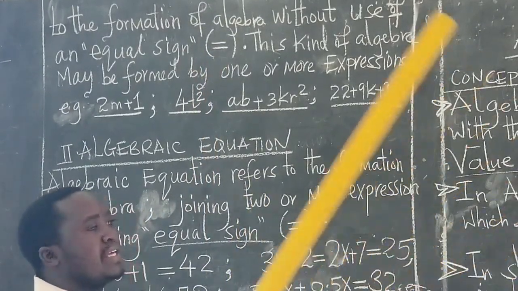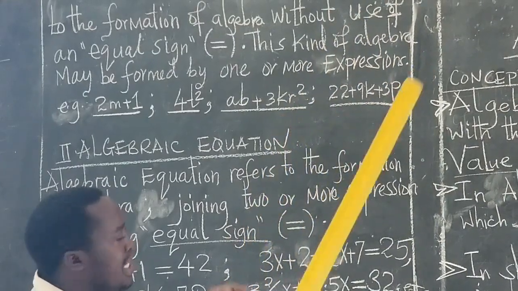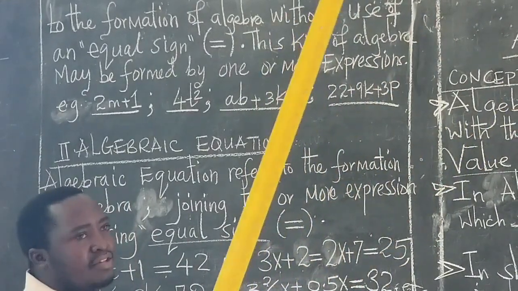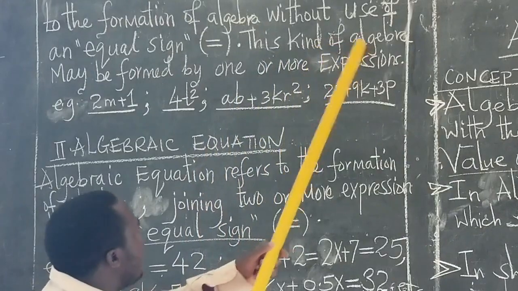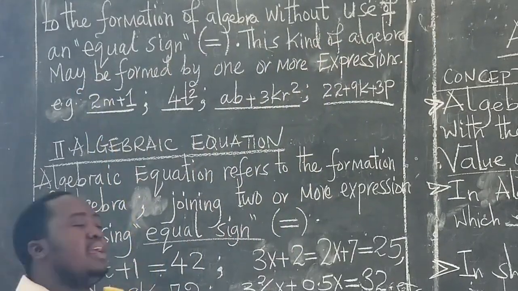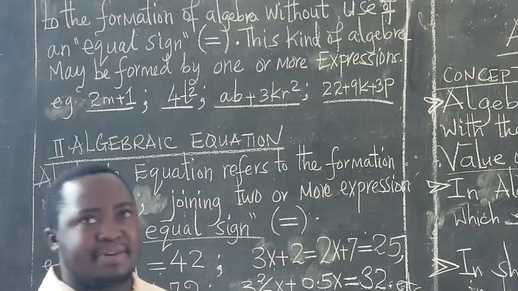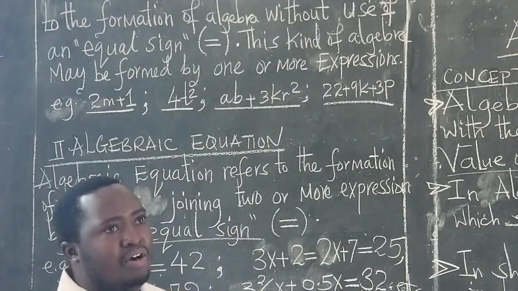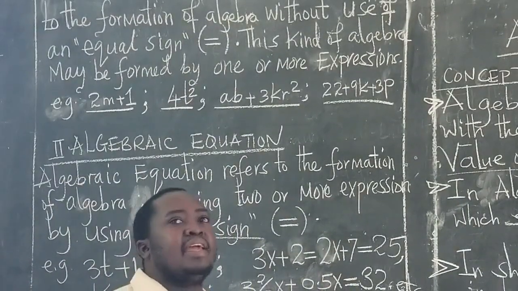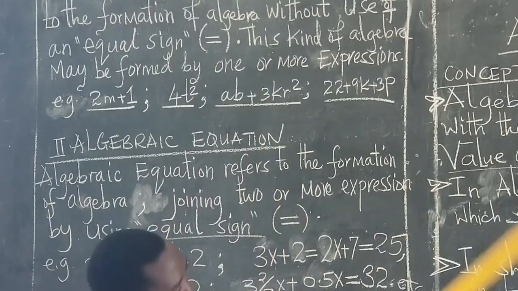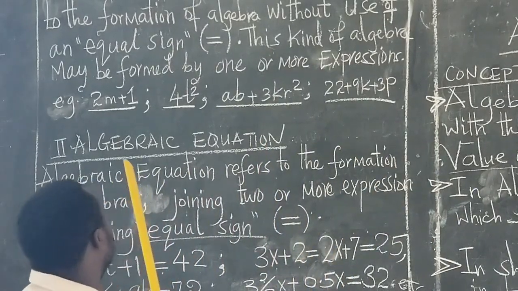That's why we say an expression. You use letters but no equal sign. This kind of algebra may be formed by one or more terms. Two or more terms can be used to form algebraic expressions.